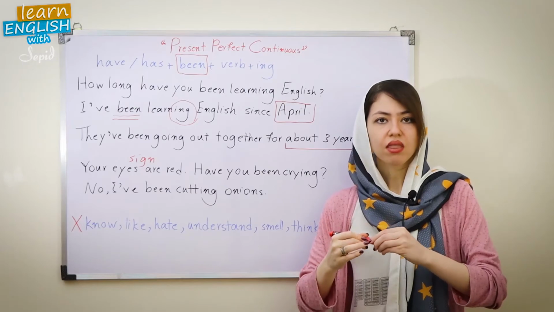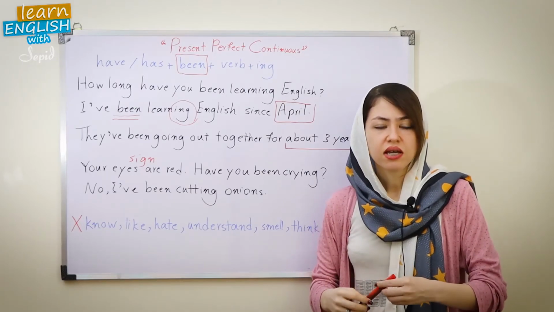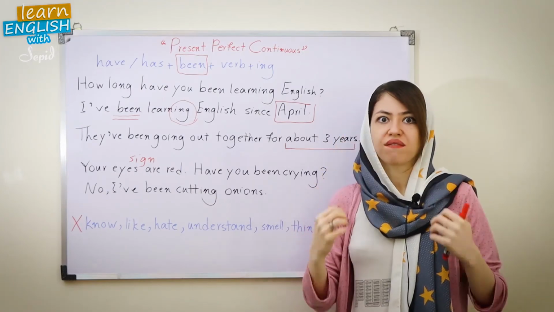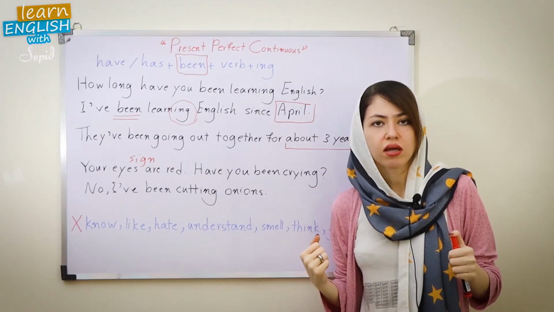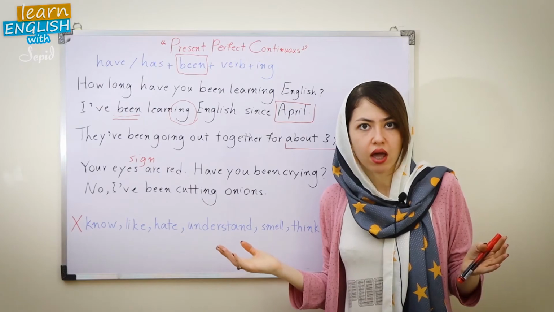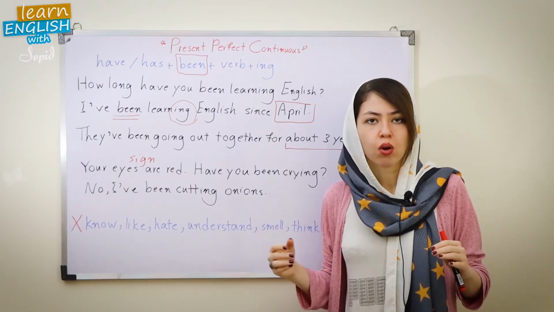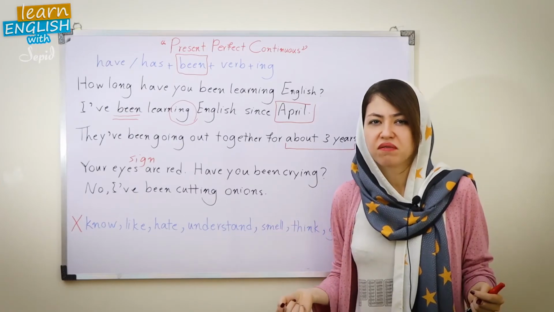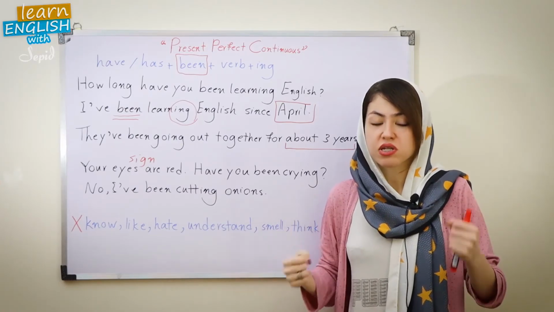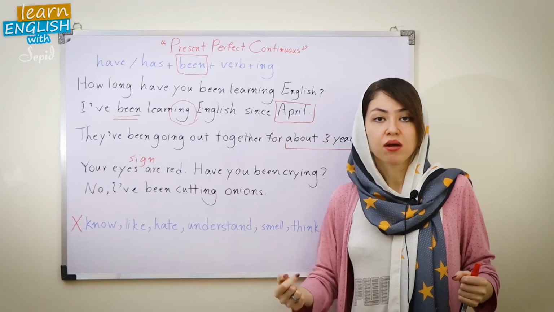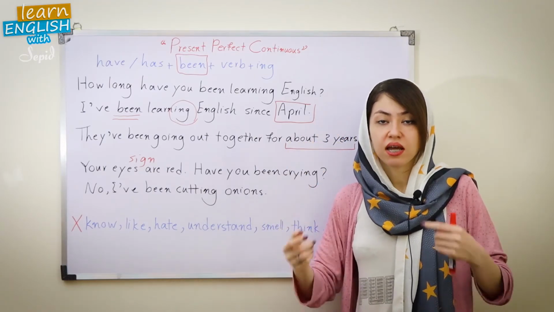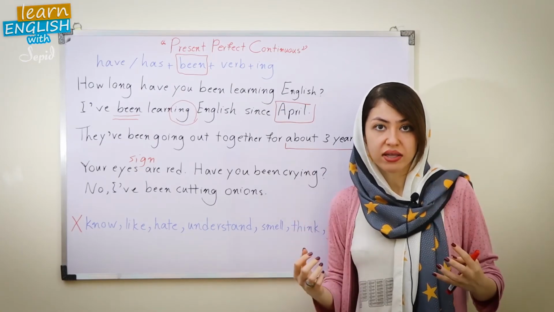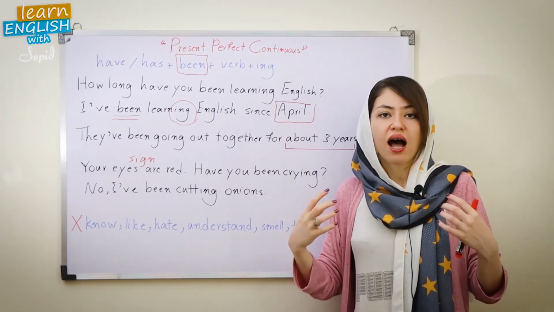So, for instance, you see some sweat flowing down my face. And you say, what have you been doing? The question, what have you been doing? And I would say, I've been working out. It means I've been exercising. Because of that, you see these signs on my face. You see the sweat. For instance, I am panting.